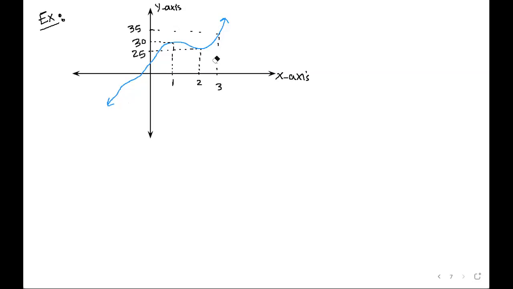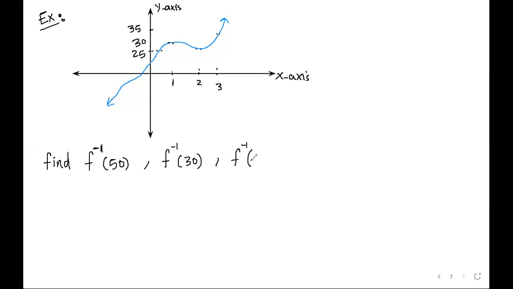Okay, so the question now: find f inverse of 35, f inverse of 30, and f inverse of 25. Who will do the first one, second one, third one?